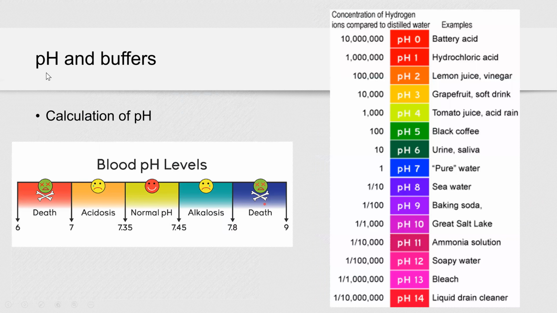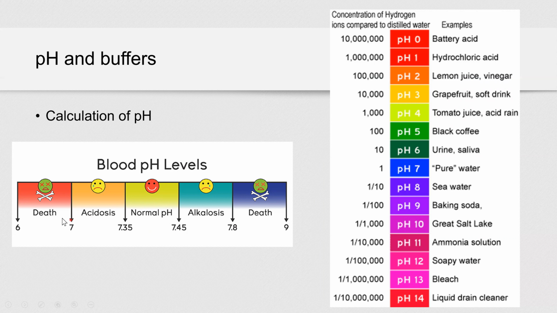Now, the pH of your body is critical for your survival, right? So if you look over here, this shows the pH of your blood, and a normal pH of your blood is between 7.35 and 7.45. And you can see it's a very narrow range. If you go below, you have acidosis.